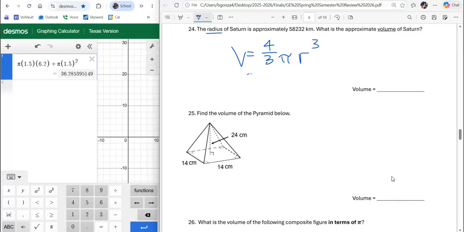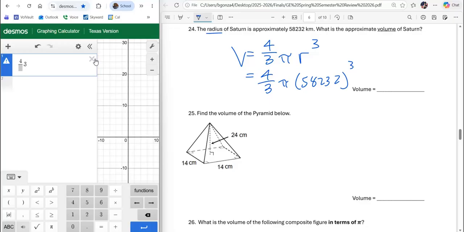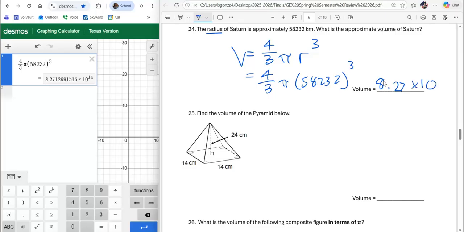The radius is this huge number, so 4/3 pi times 58232 cubed. Huge!